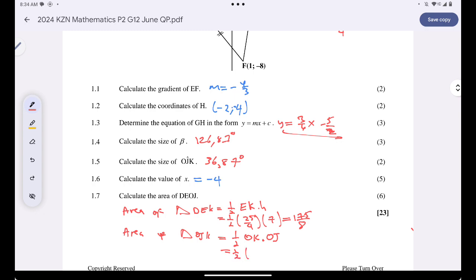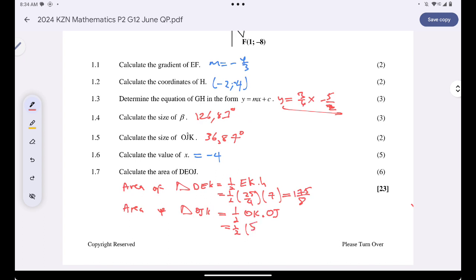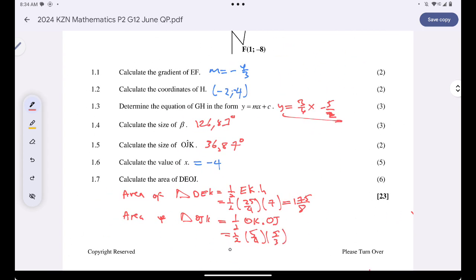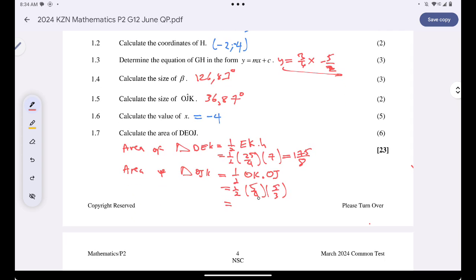So it's 1 over 2. OK is 5 over 4. And then OJ is 5 over 3, I think. Yes, it is. So here I'll just get, this is 12 times 2, 24. I'll get 25 over 24.